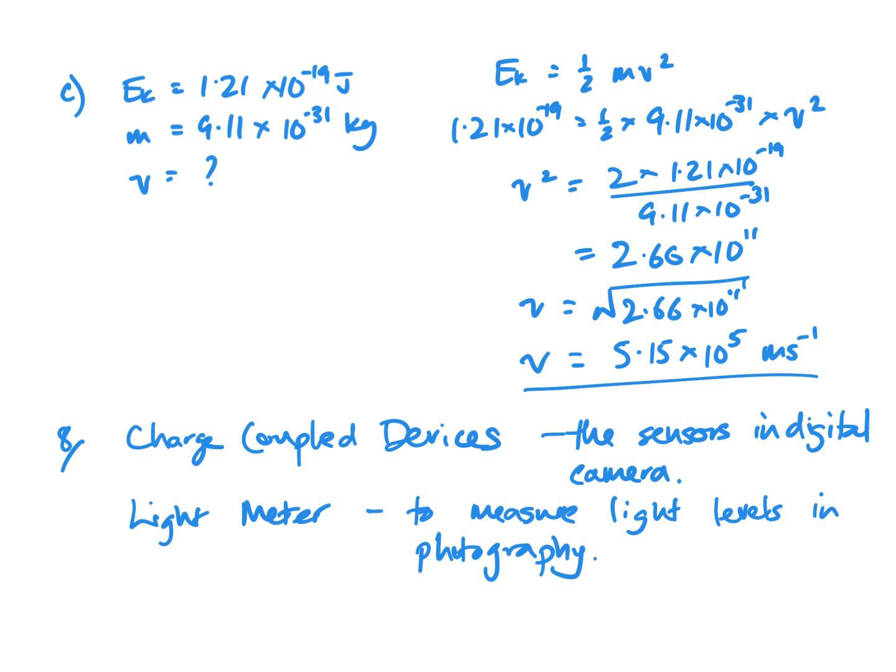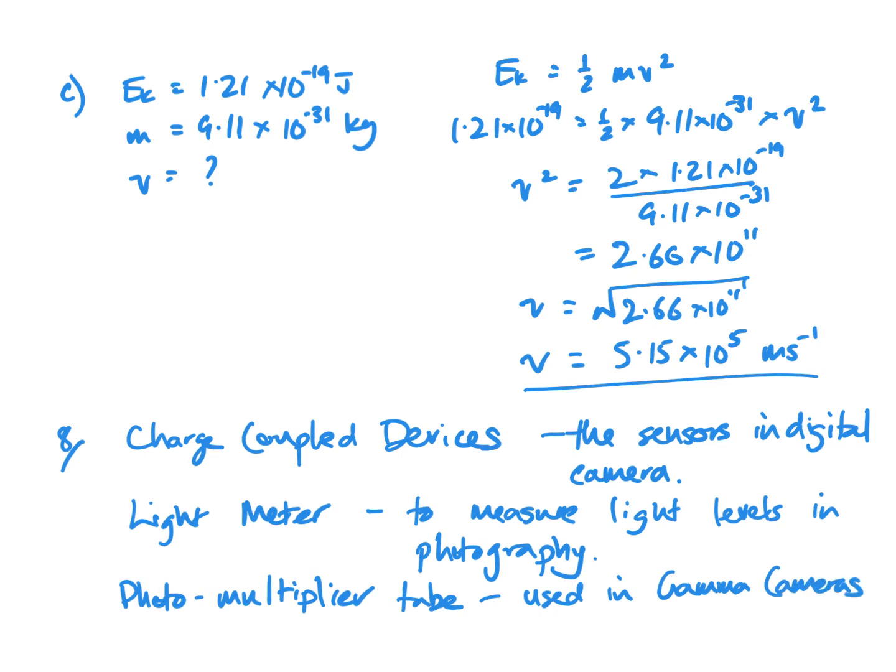We also have a device called a photomultiplier tube. And its idea is to take faint light signals and then use the photoelectric effect to amplify them. So for example, they're used in gamma cameras that we met in Nat 5 as applications of radiation. And the last one, a very similar sort of idea, is known as an image intensifier tube.